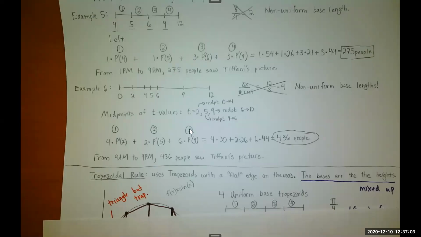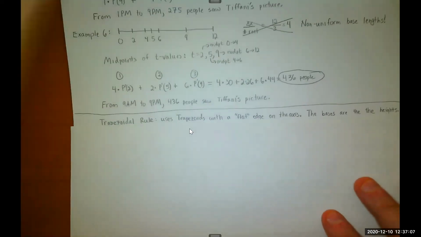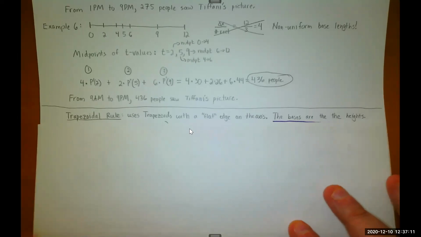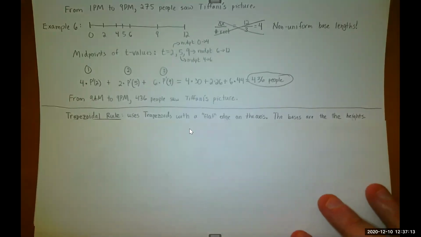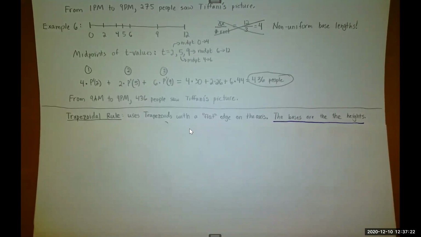So let's take a look at this trapezoidal rule. So the trapezoidal rule is going to use trapezoids. Now, if you've got this picture in your mind of trapezoids, change that to match the picture that you were presented with on the handout we just looked at. We're going to use trapezoids that have a flat edge on the axis. I'll show you what that looks like in a little bit.